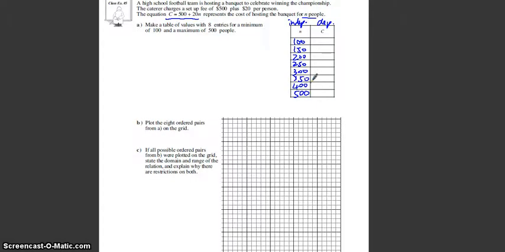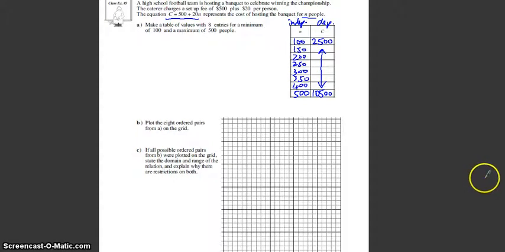With just 100 people, times 20 is 2,000, plus 500 is 2,500. That's how much it costs. With 500 people, times 20 will be 10,000, plus 500 is 10,500. So you can fill in all the numbers in between. It's a linear function; it grows in a linear manner.